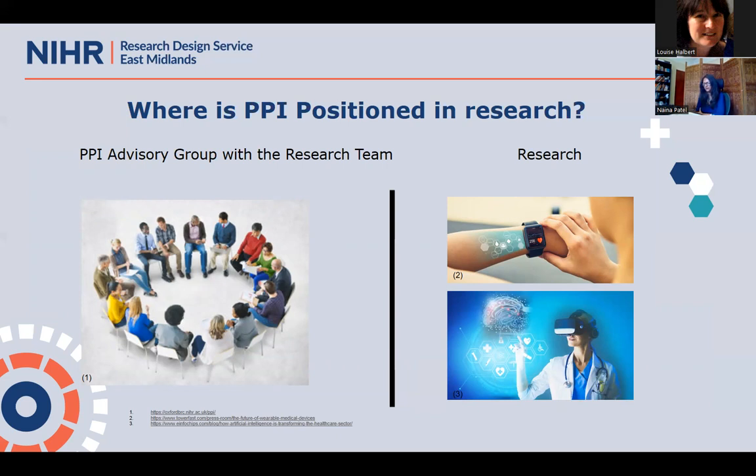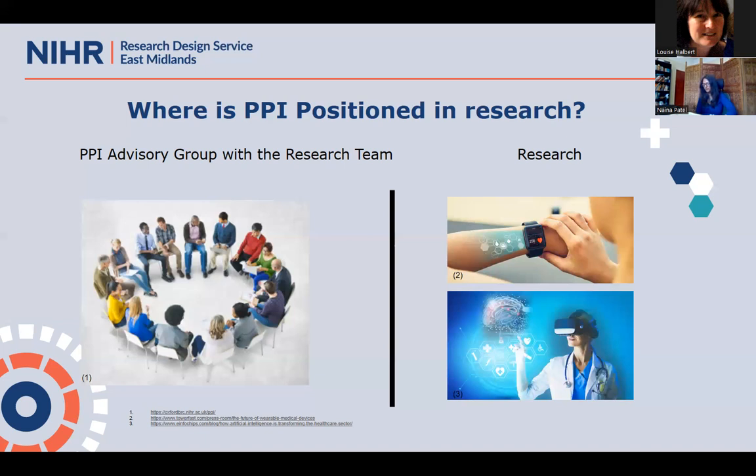So basically, I use this slide to explain the positioning of PPI in the research process to those unfamiliar with the concept of PPI. I found that it was difficult to explain how PPI differs from research participation to members of the public as well as researchers. It's a useful way of explaining where they are positioned in the research process.